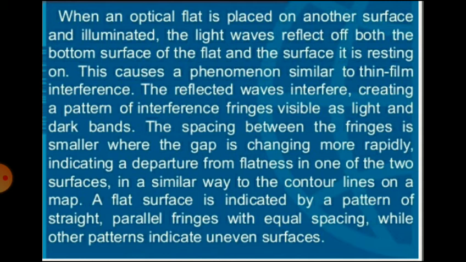The spacing between the fringes is smaller where the gap is changing more rapidly, indicating a departure from flatness in one of the two surfaces, in a similar way to the contour lines on a map. A flat surface is indicated by a pattern of straight parallel fringes with equal spacing, while other patterns indicate uneven surfaces.